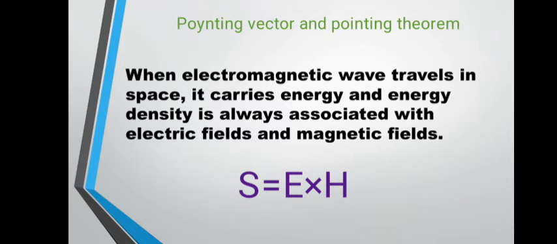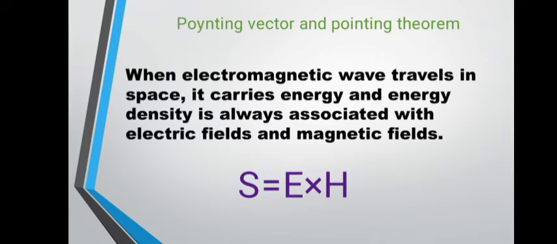Now the Poynting vector and Poynting theorem. Let's look at what the Poynting vector is. When an electromagnetic wave travels in space, it carries energy, and the energy density is associated with the electric field and magnetic field.